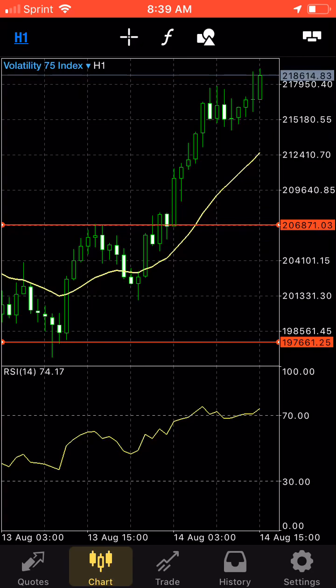So that is one confirmed trade entry for the bullish trend retracement breakout.